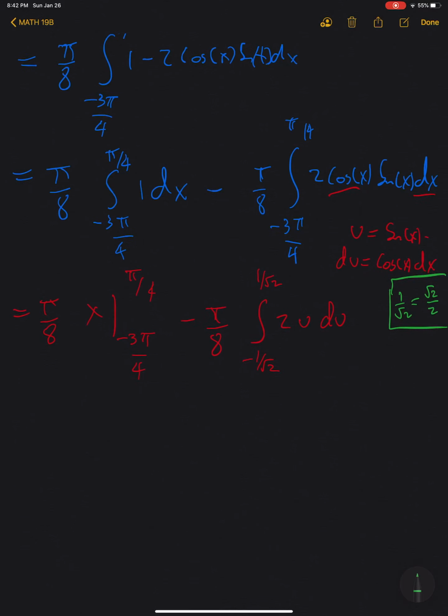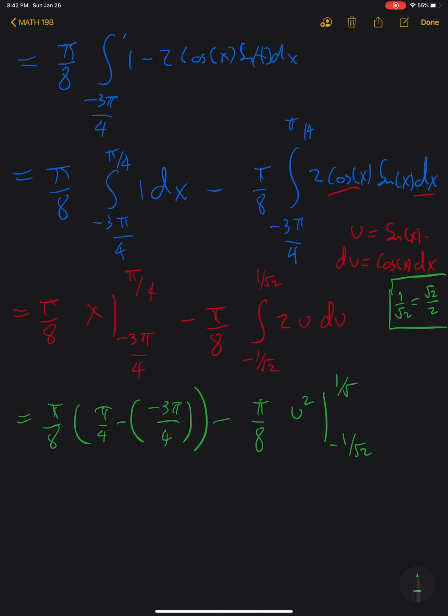Now I can work out the last integral. So this will become pi over 8 times pi over 4 minus negative 3 pi over 4, minus pi over 8 times u squared between negative 1 over square root of 2 and positive 1 over square root of 2.